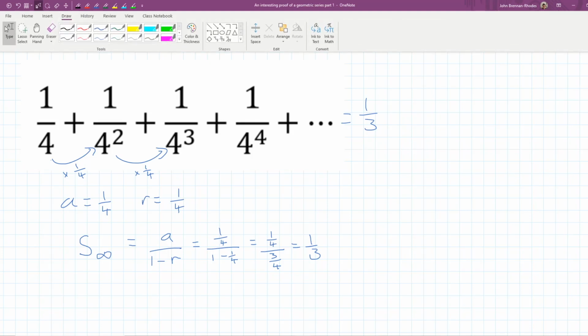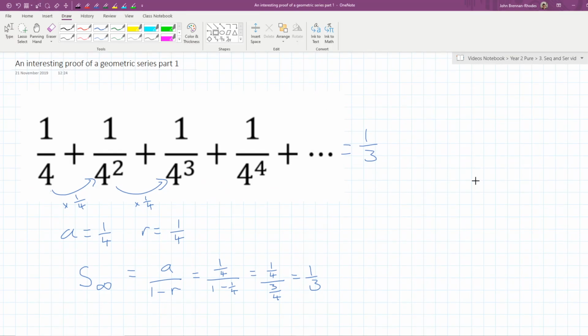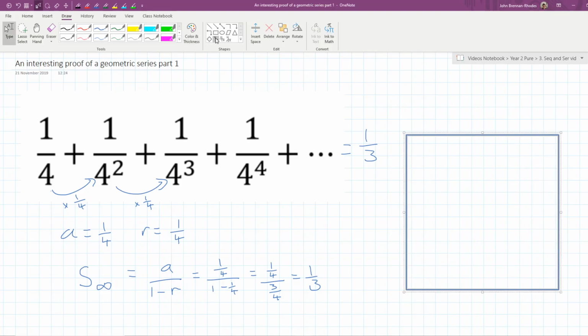So I'm going to pin this here because I'm going to need to draw some squares. If I have a square and I divide the square in 4, like so, then if I take a quarter of that square, that is 1/4 of it.